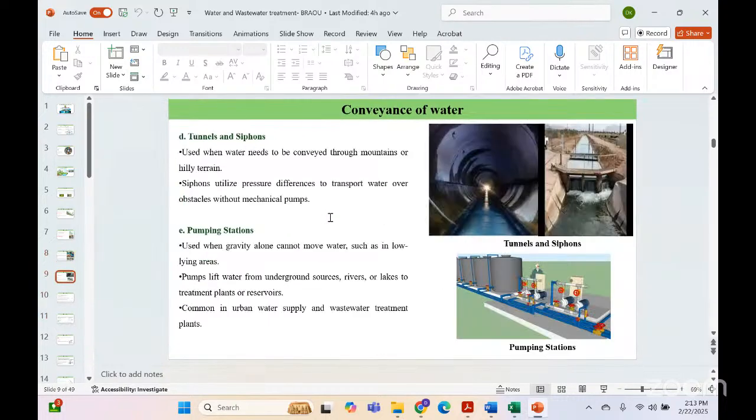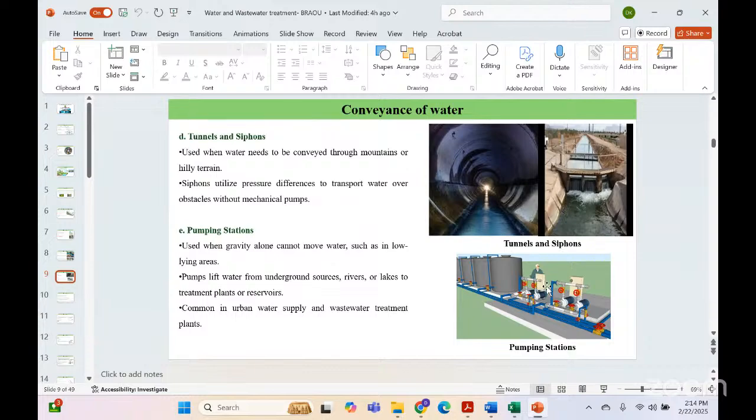So coming to the pumping stations. Whenever there is water underground, or particularly for the construction of high-rise buildings of 30 or 40 floors, they need water. So pumping stations will be installed, or for huge water usage sectors like industries that need more water, where a major amount of water will be lifted up.